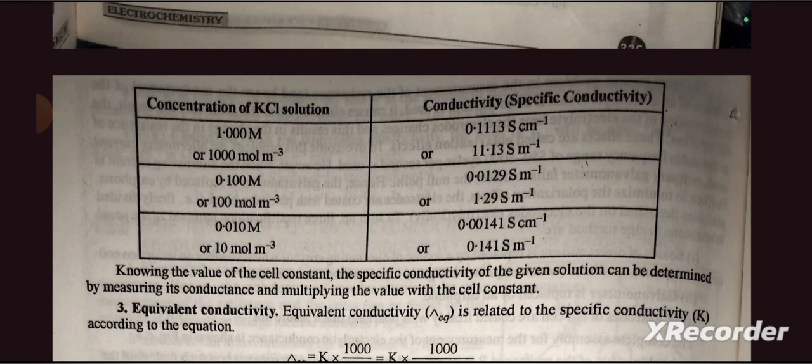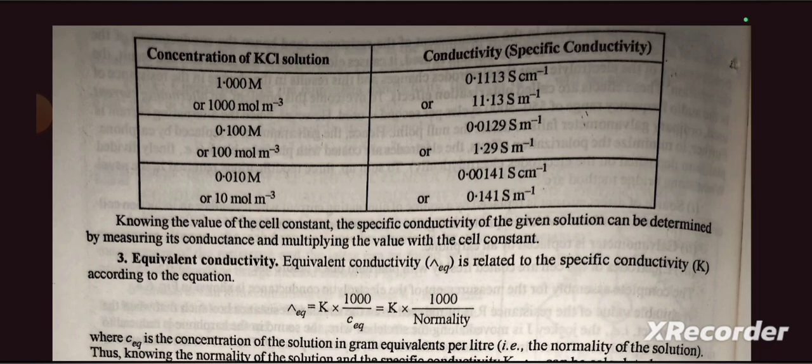Concentration of KCl solution, specific conductivity: 1.000 M or 1000 mole meter minus 3, 0.1113 S centimeter inverse or 11.13 S meter inverse. 0.100 M or 100 mole meter minus 3, 0.0129 S centimeter inverse or 1.29 S meter inverse.